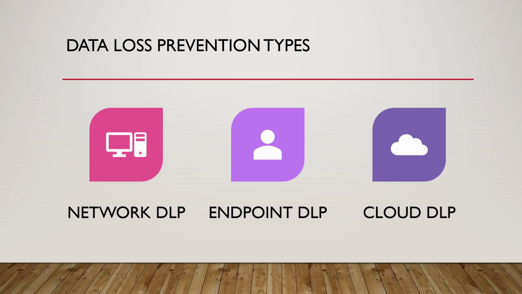If it sees that you're trying to make an unauthorized copy, print, or transfer of sensitive information, this is when the DLP steps into action. And then finally, we've got our cloud DLPs, pretty much doing the same thing, but focusing on how data is stored and transmitted in cloud services. As organizations are really moving to the cloud, cloud DLPs are growing in popularity. These environments just ensure compliance with regulations.